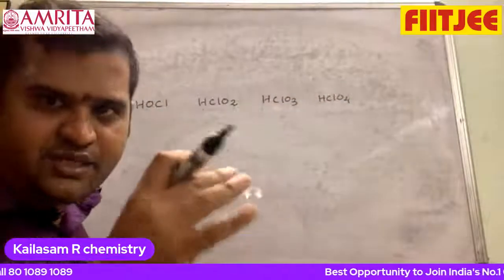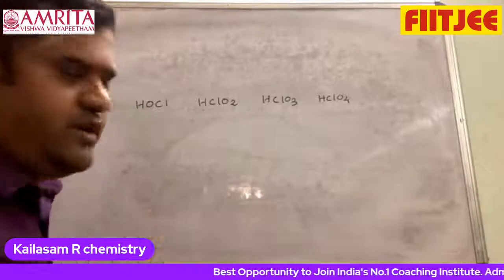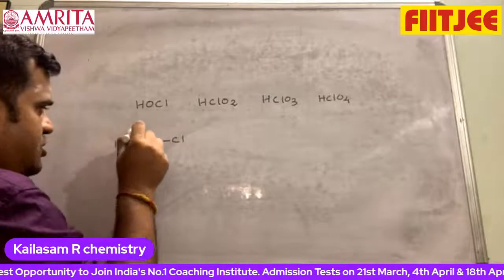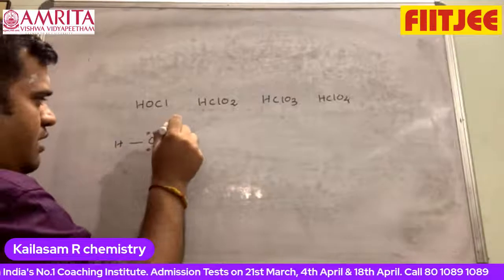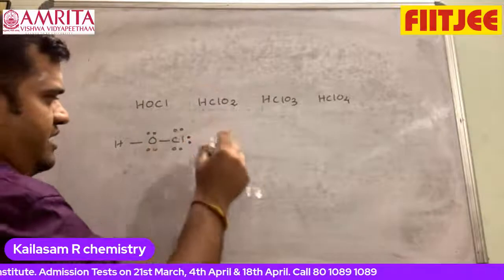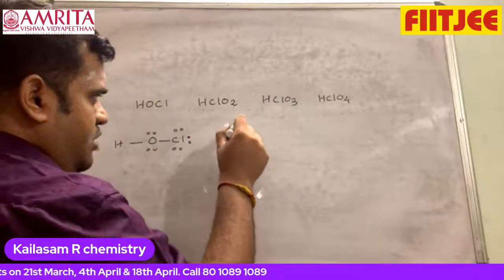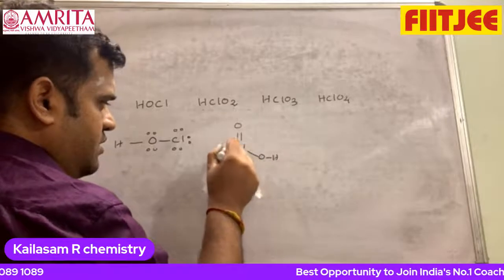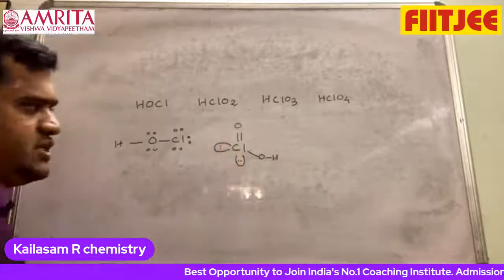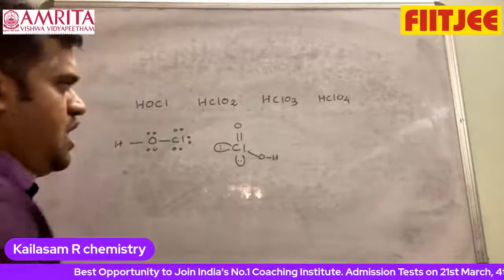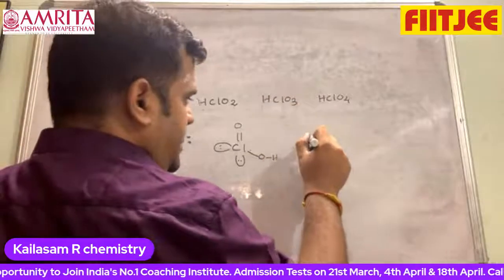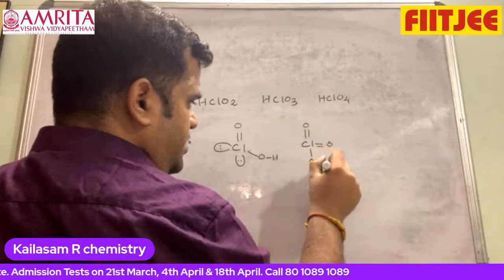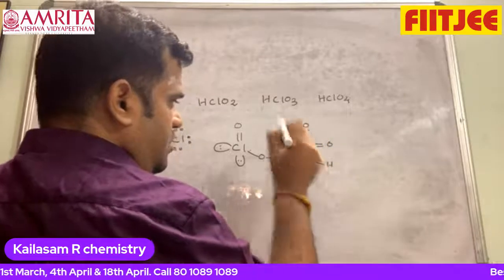We can say the higher oxidation state gives the strong acid. We'll go with the structure-wise explanation also. Look at this: O, this is Cl, this is H, and these are lone pairs of electrons. Now go for HClO2: Cl double bond O, and OH. In the case of HClO3, Cl double bond O, and here OH with lone pairs of electrons.